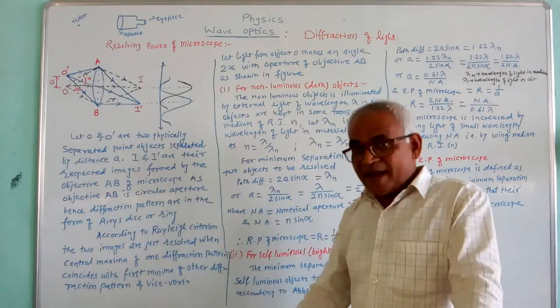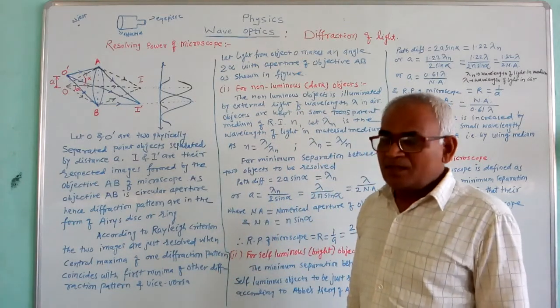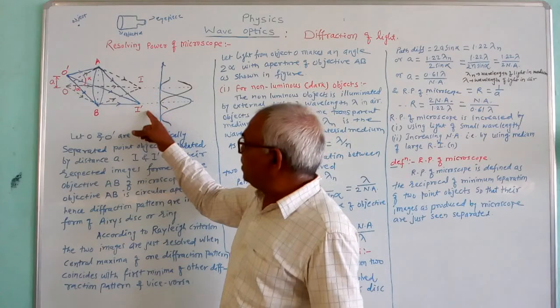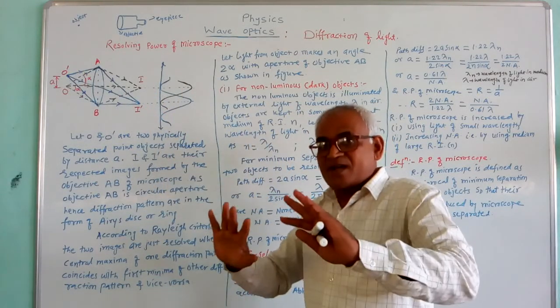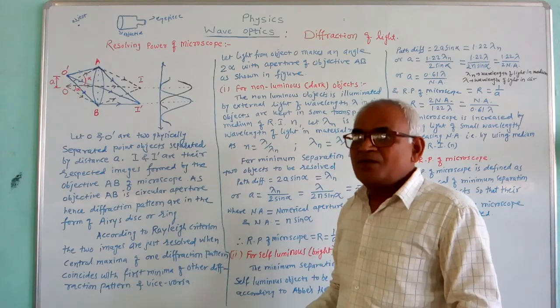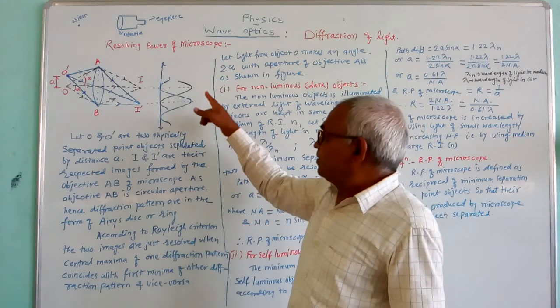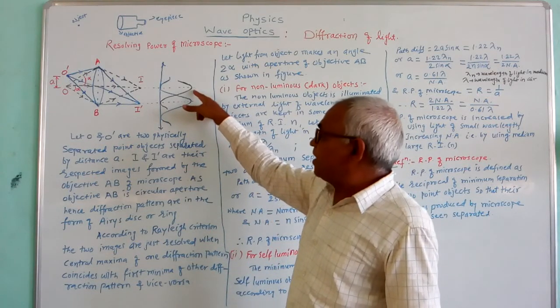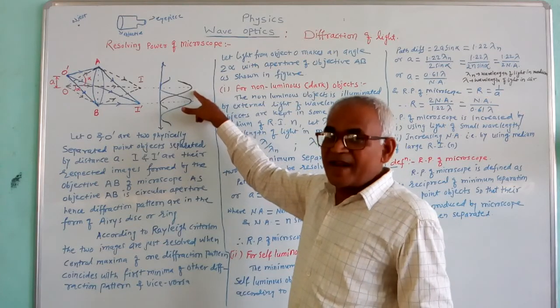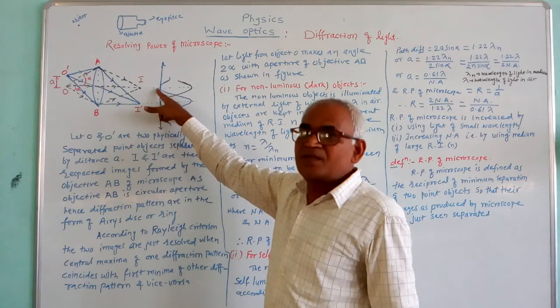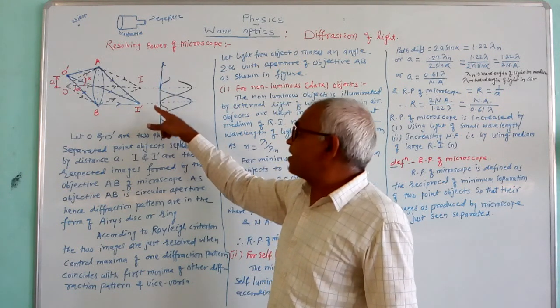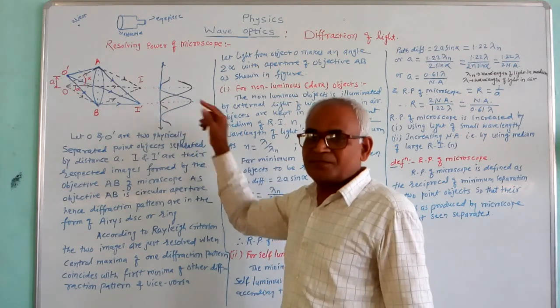And according to Rayleigh, the two images of the objects are just separated or just resolved when the central maxima of one diffraction pattern coincides with the first minima of the other diffraction pattern or vice versa.